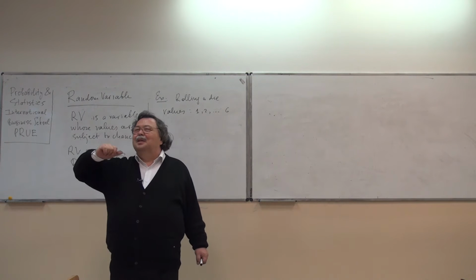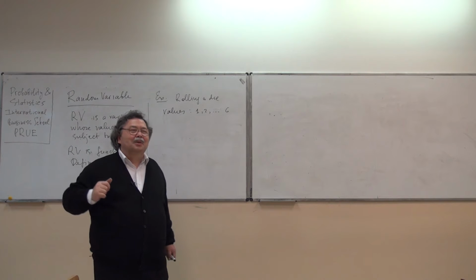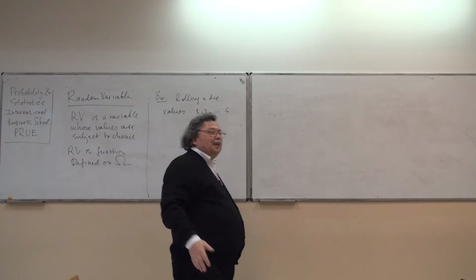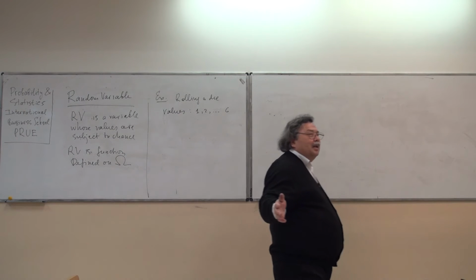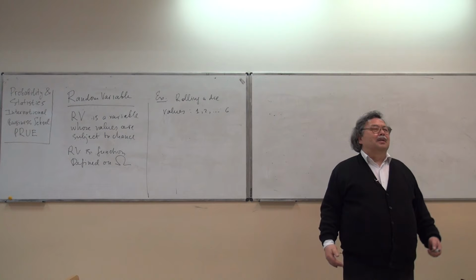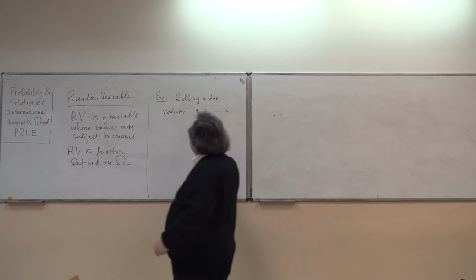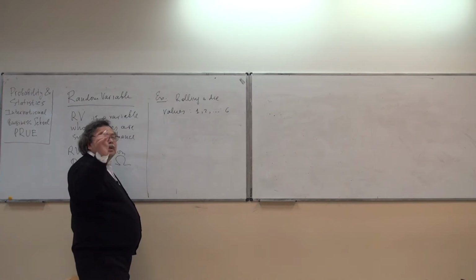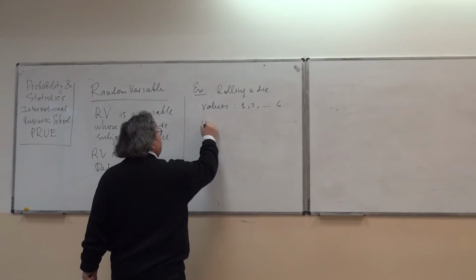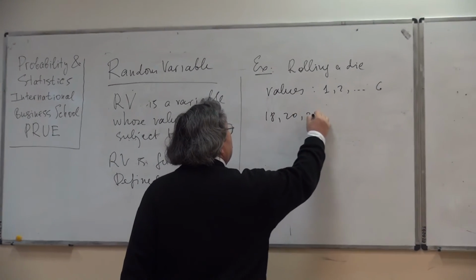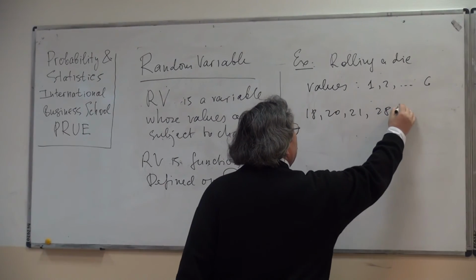28. And there is one person who is really old, 59, which is your obedient servant. So if we pick a person at random, the answers will be 18, 20, 21, 28, and 59.